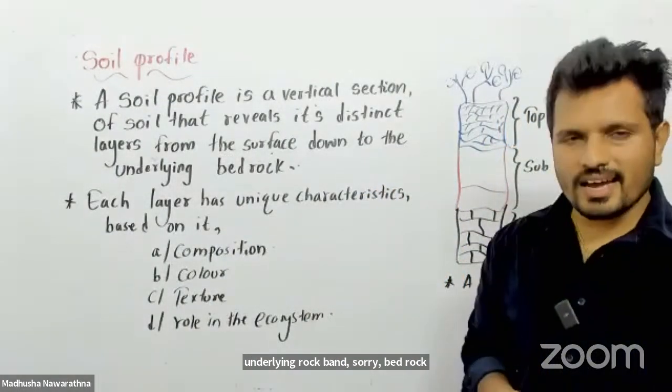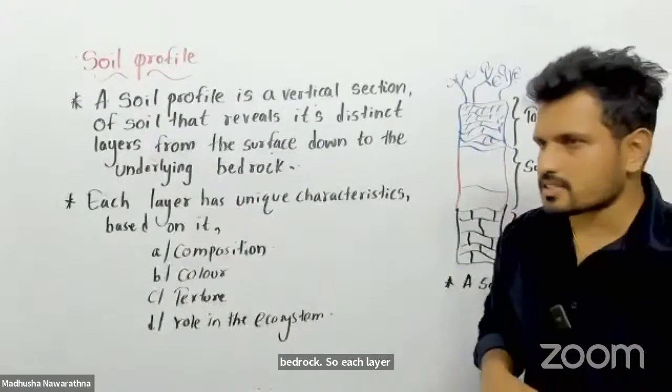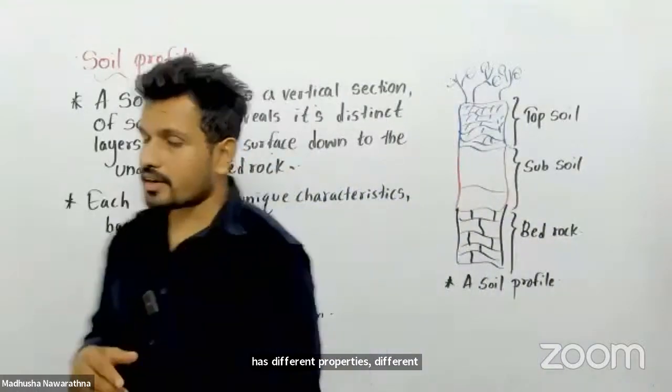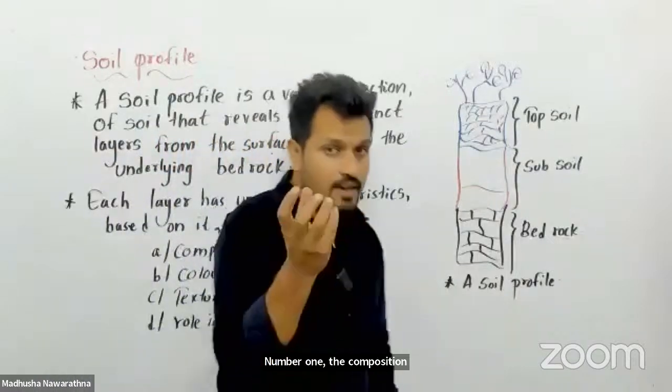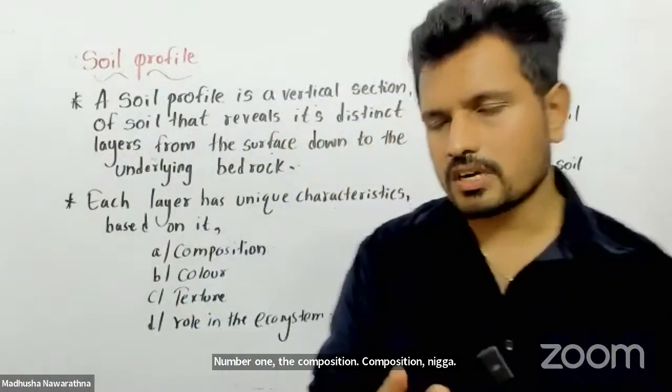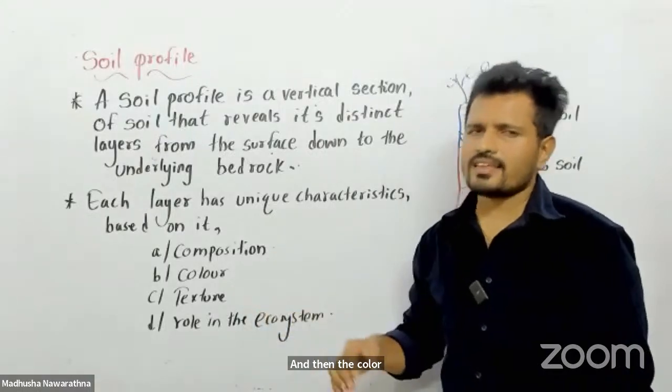So each layer has different properties based on, number one, the composition. And then the color, then the texture, and the role in the ecosystem.